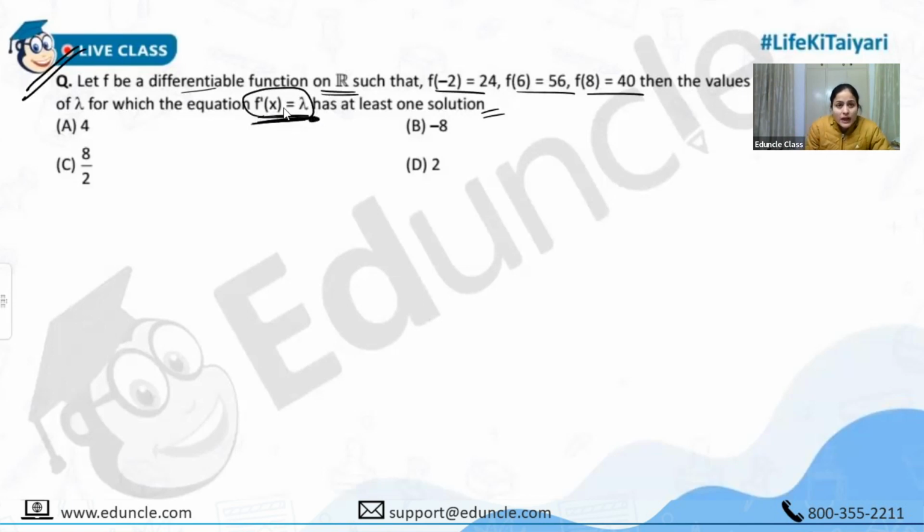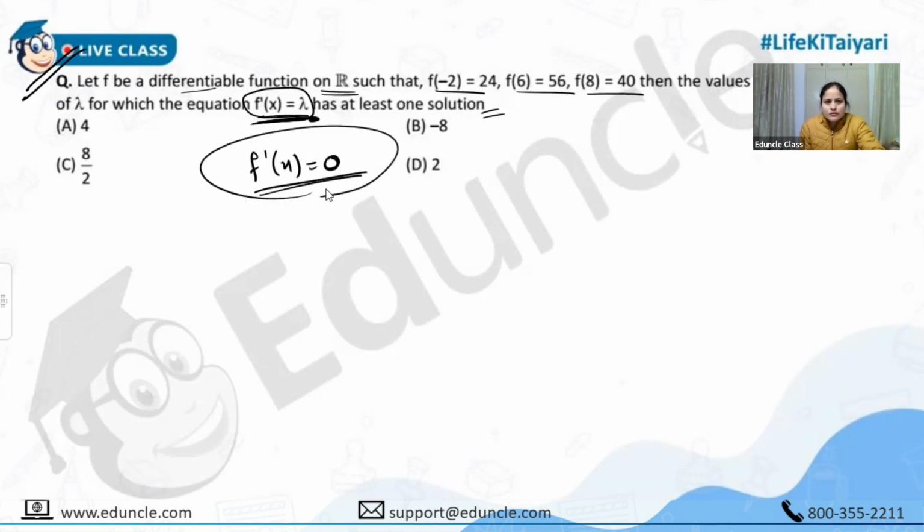If f dash x is equal to 0, that is lambda is 0, then I have a derivative equation, so we have to go to Rolle's theorem. But if you have some derivative equal to a non-zero constant, then we can think of the mean value theorem.